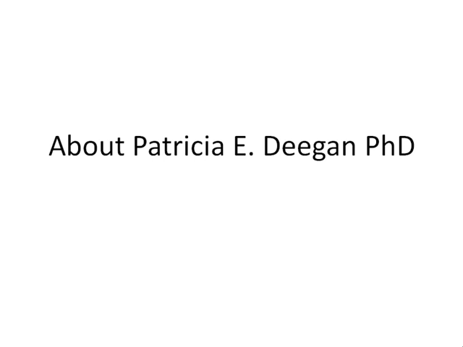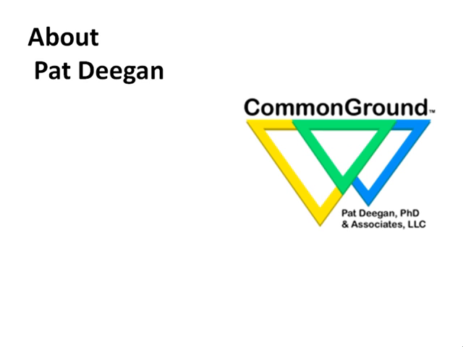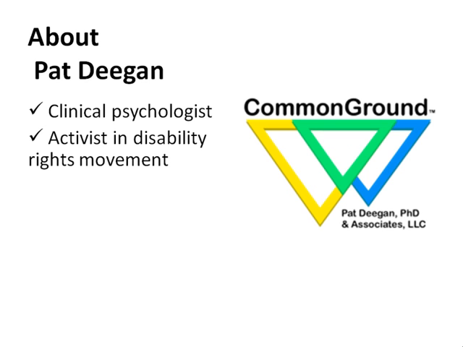Now I'd like to tell you a bit more about myself. Again, my name is Pat Deegan, and I received my doctorate in clinical psychology from Duquesne University. I am also an activist in the disability rights movement. For the past 20 years, my work has focused on recovery, empowerment, shared decision-making, and mental health system transformation. I have conducted research and published papers on the topics of recovery and the empowerment of people with psychiatric disabilities.